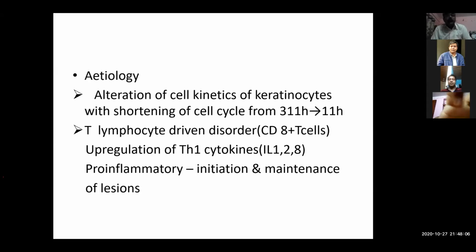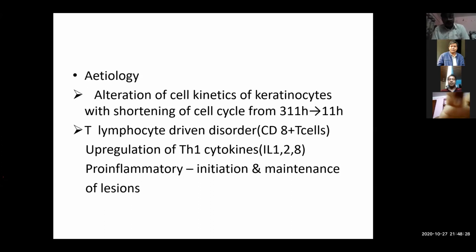Well, now moving to etiology. This is in a nutshell. The etiology of psoriasis is pretty complex. That is why in the treatment, a lot of cytokines are involved. Molecular biology has forayed into the etiopathogenesis of psoriasis. Basically, the cell kinetics of keratinocytes have changed in psoriasis.